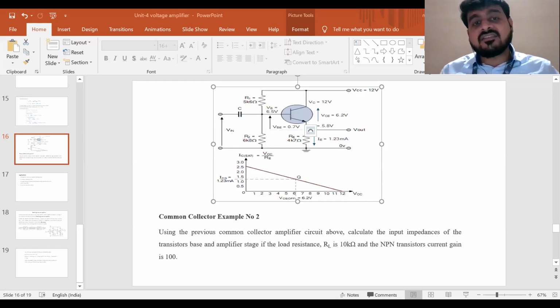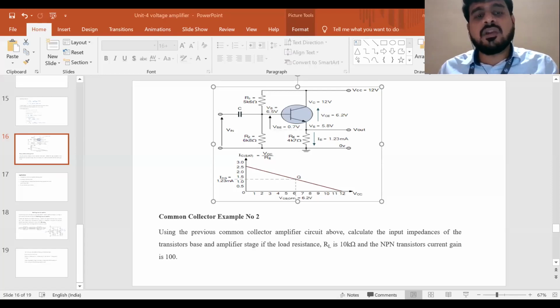So beta, into the emitter resistance capital RE, plus the AC internal emitter resistance small re dash. That is your base impedance. Z in base, you have to write Z base.